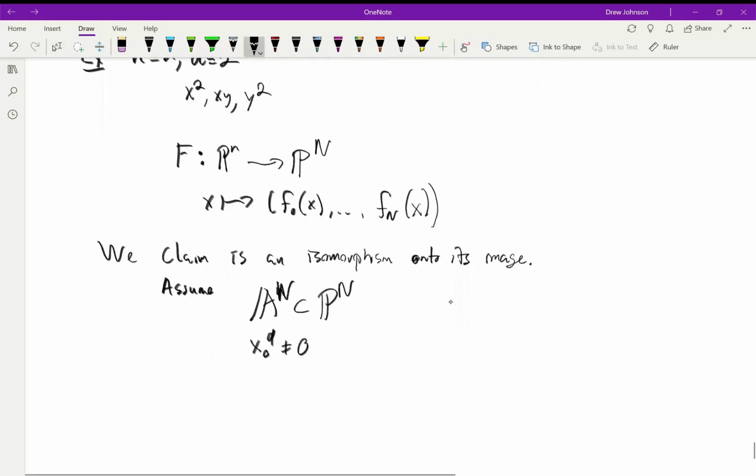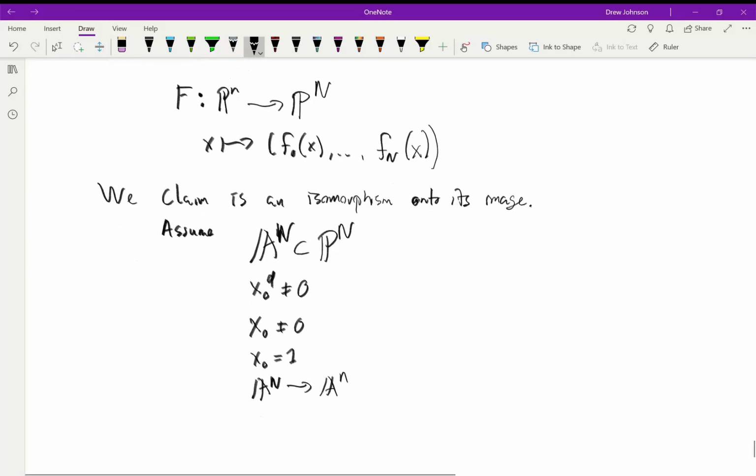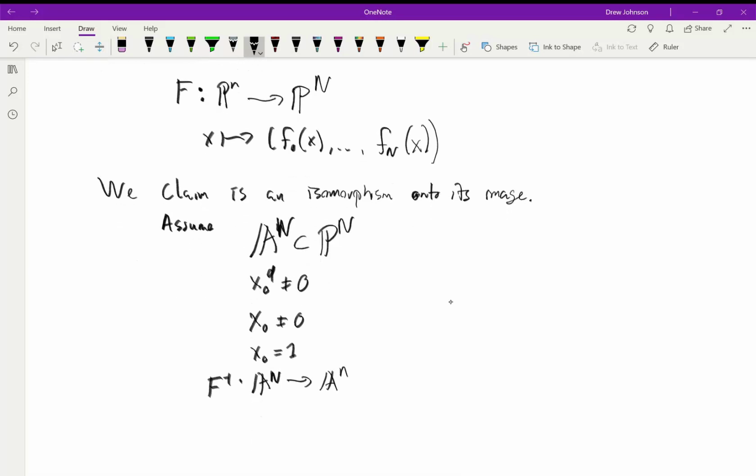Okay. Well, this also tells me that x0 is not equal to 0. So let's look at the affine patch where x0 equals 1, and we'll look at this map from An to An. This will be the restriction of f inverse.